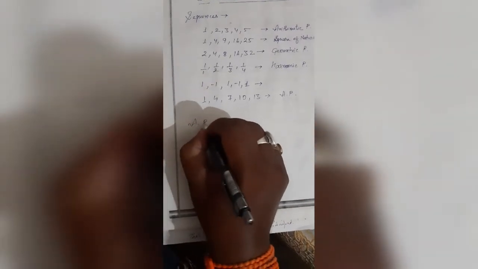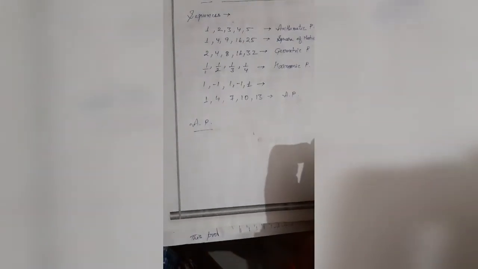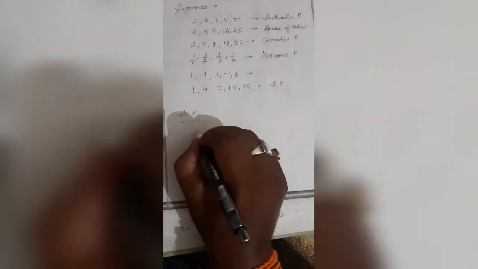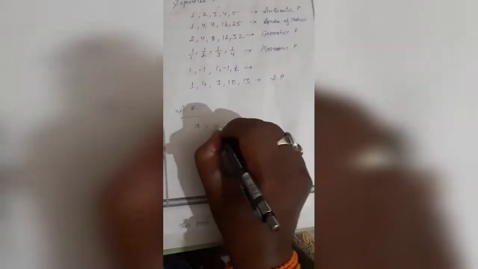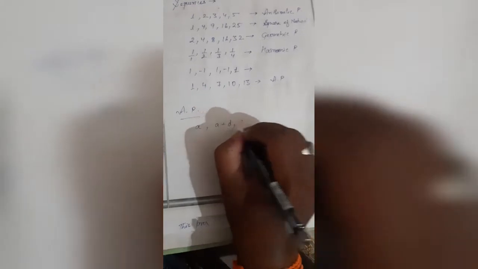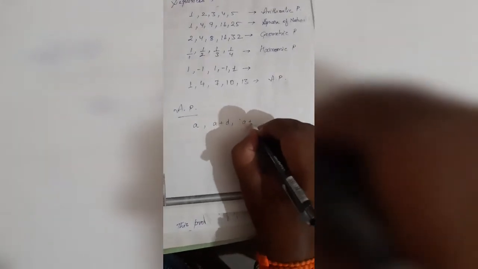An AP is a sequence like A, A plus D, A plus 2D, and so on.